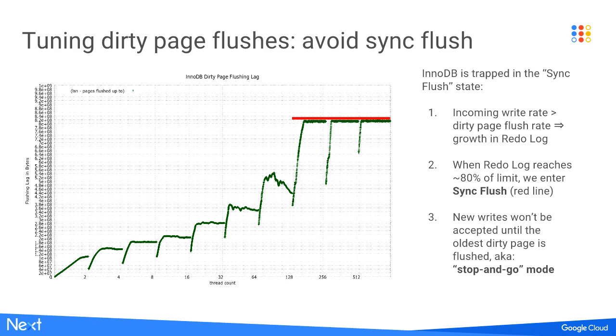So as you can see, when we run the test at 128 threads of sysbench, the flush lag quickly hits the ceiling, the point where InnoDB gets into the sync flush state and starts the stop and go mode, and you cannot go higher anymore. I can show you the TPS chart in just two slides. The TPS looks horrible, and it just goes up and down, up and down.